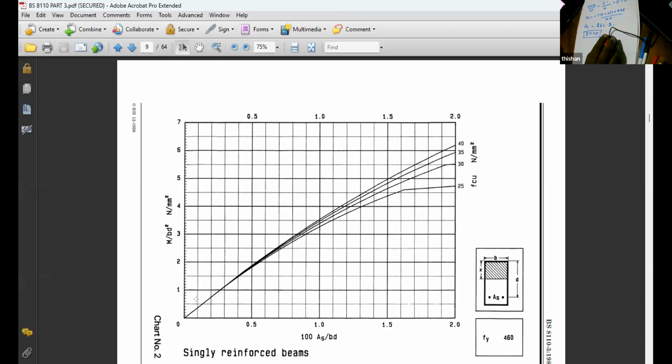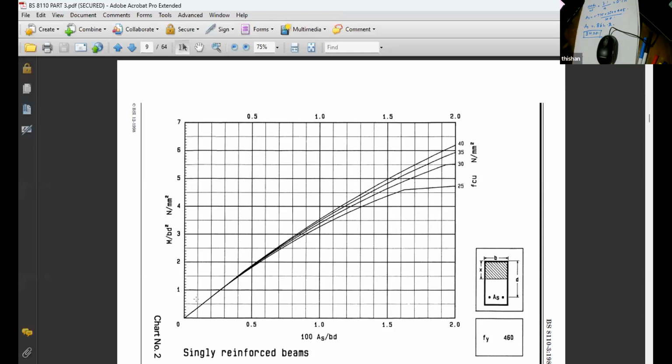If you are using grade 460 steel, the equation is 100 As over b d is equal to M over b d squared divided by 4 plus 0.05. But for Eurocodes, it's just divided by 4. That's the theory. Got it?